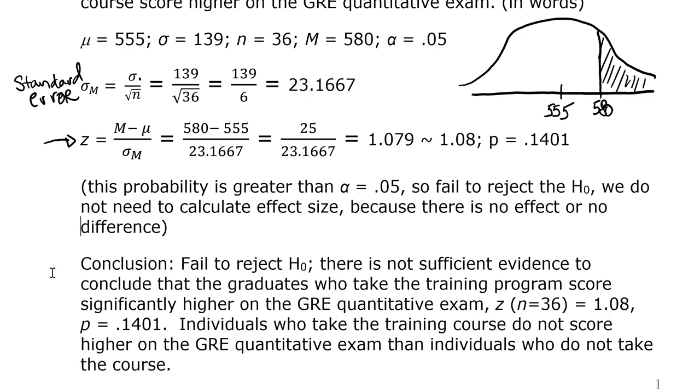So the way that you would write out the conclusion as an APA style conclusion, we would say fail to reject H0 or the null hypothesis.